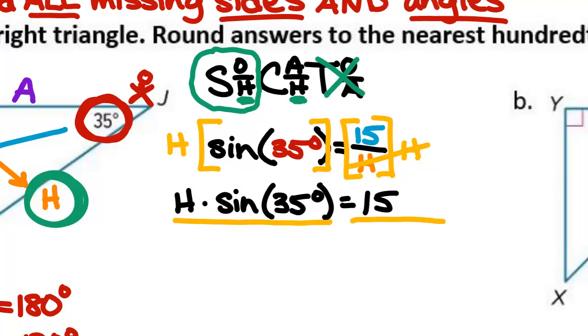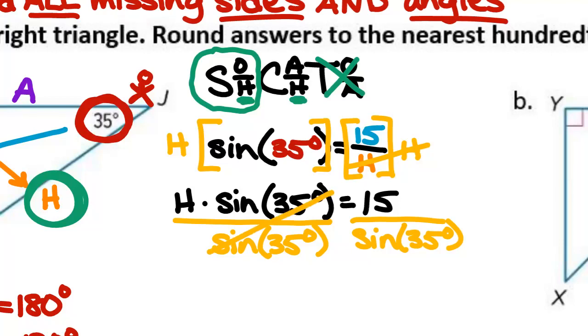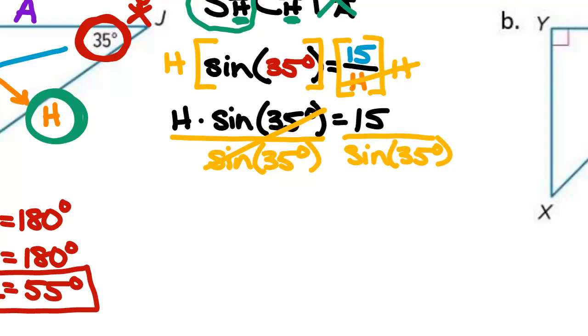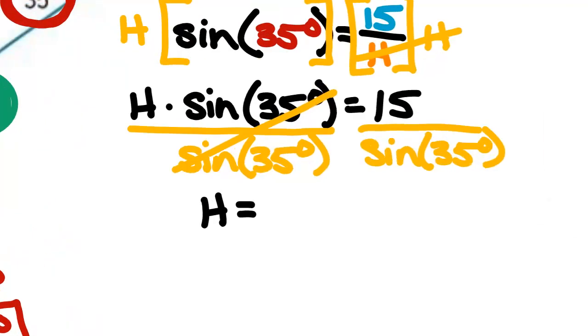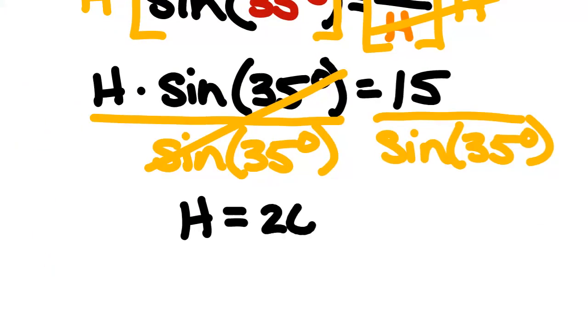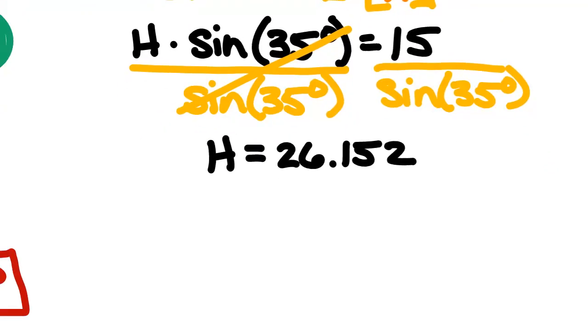And then I can divide both sides by the sine of 35 degrees. 15 divided by the sine of 35. Yes. 26.151 or 26.152, depending on how you round that. So that would be my side KJ.